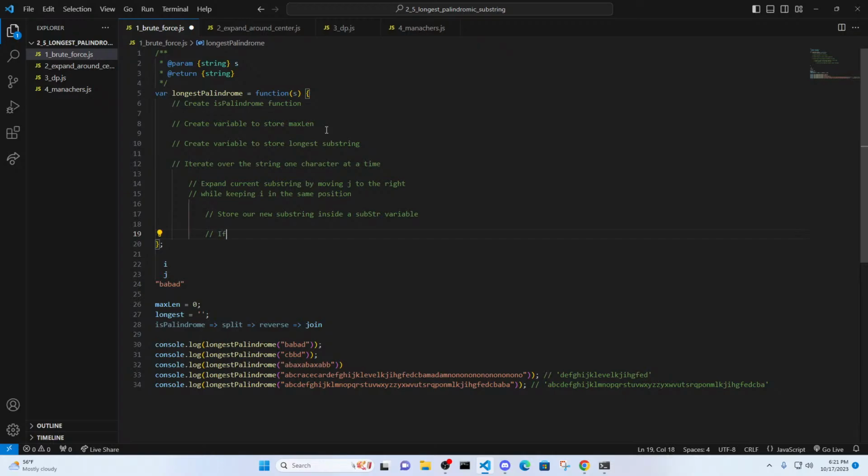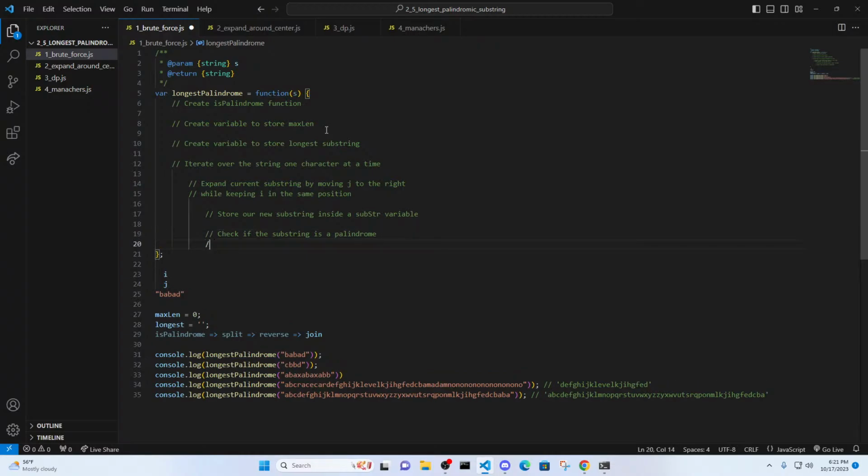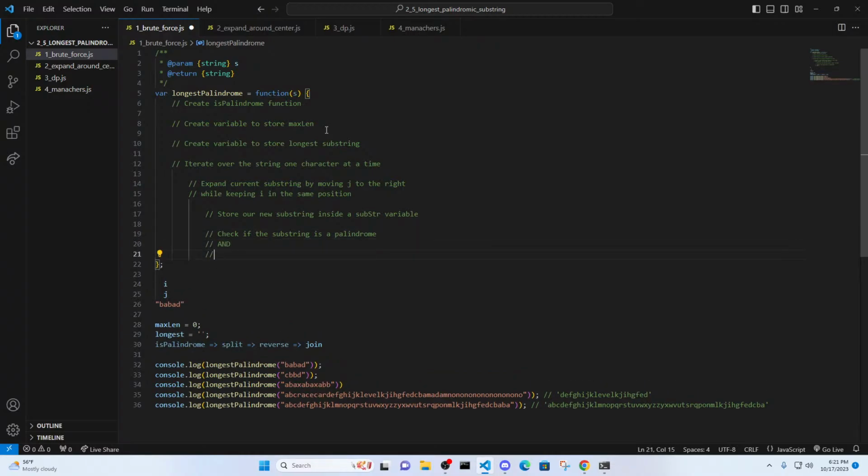We're going to check if the substring is a palindrome with our function, and we're going to check to see if the substring's length is greater than max length, or max len.